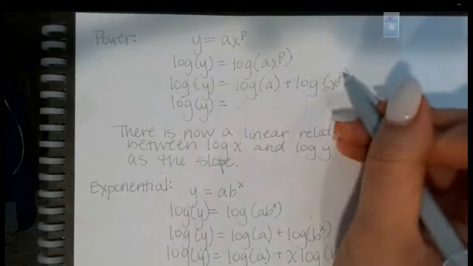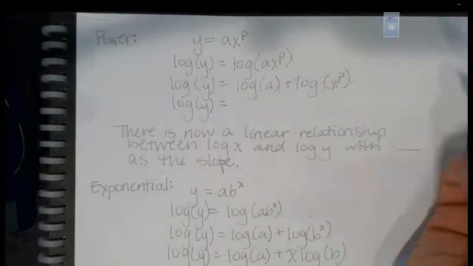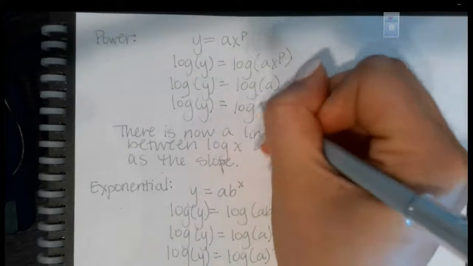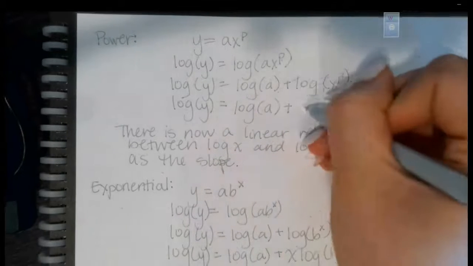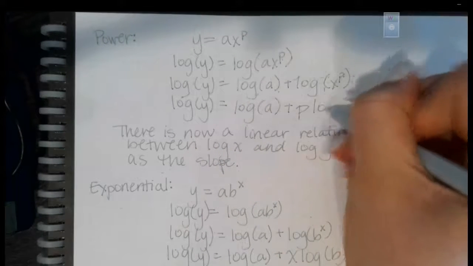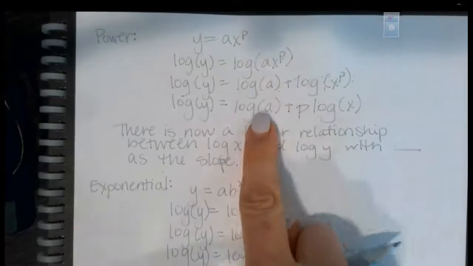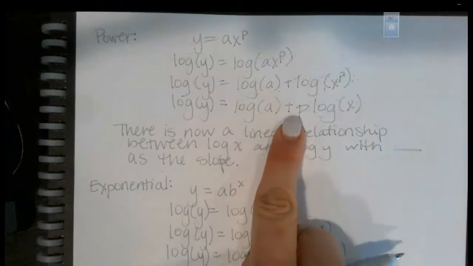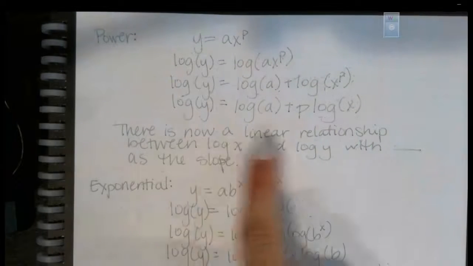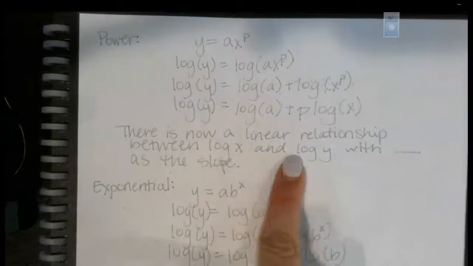And then if we have a power p, we can pull that out in front. So now we have log of a plus p log of x. Well, now this is a constant, and here are our variables. So now we have a linear relationship between the log of x and the log of y.